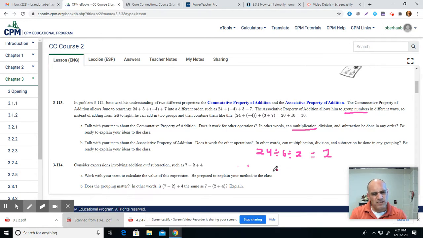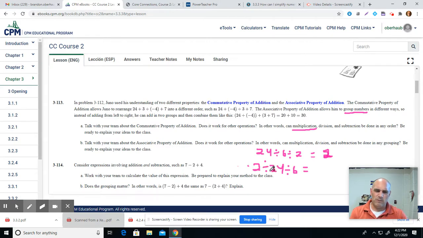If I switch these around, the question is, do I still get the same thing? So let's just switch the order. If I do 2 divided by 24 and then divide that by 6, do I still get 2? Well, let's see. 2 divided by 24.